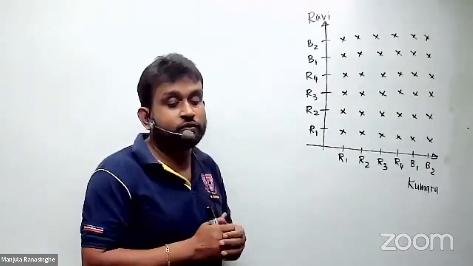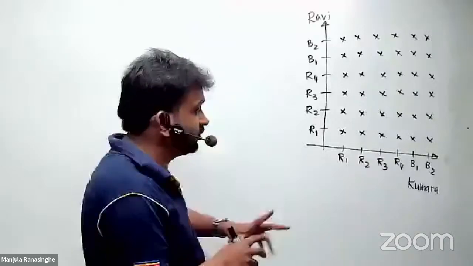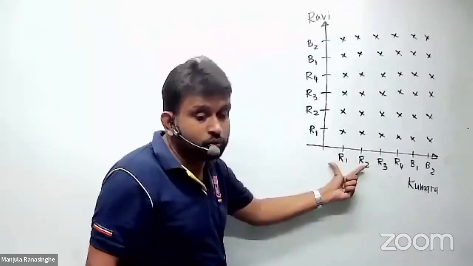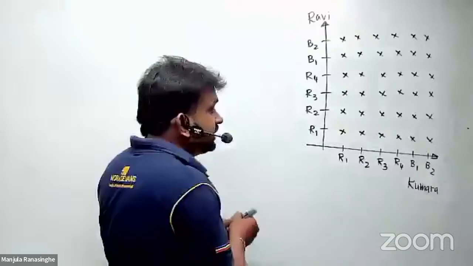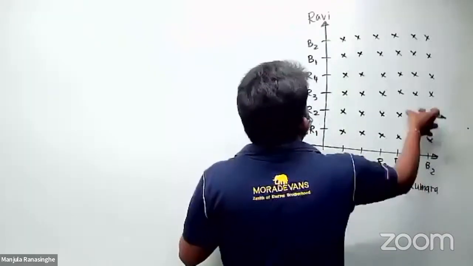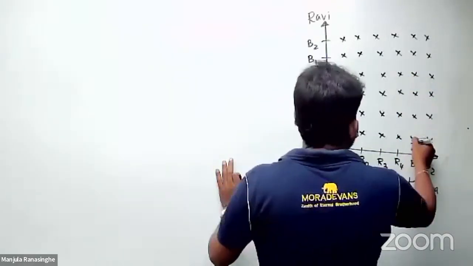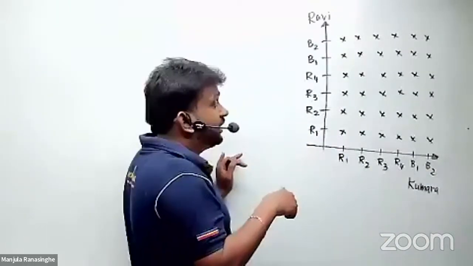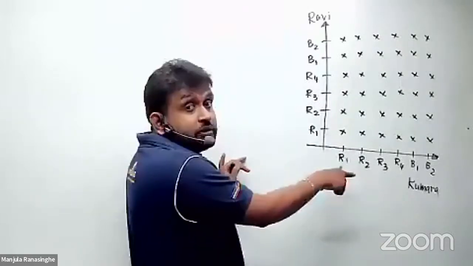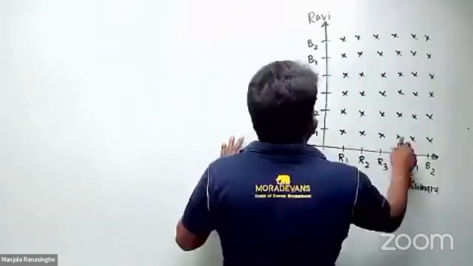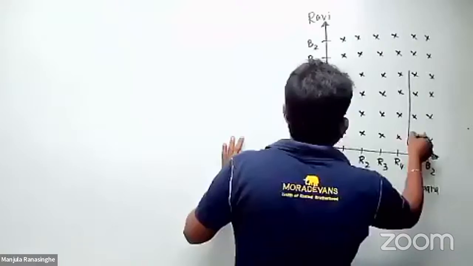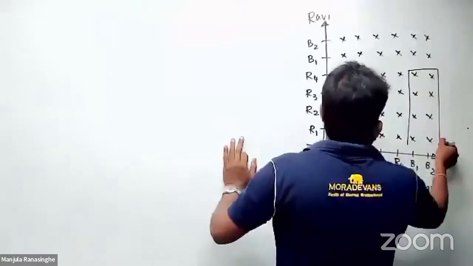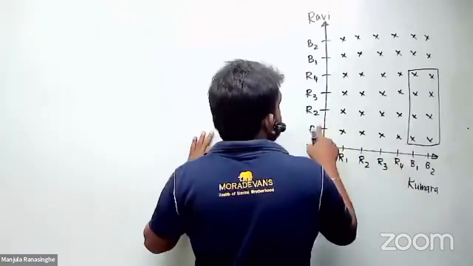Find the probability of Kumara taking a blue marble and Ravi taking a red marble. Kumara means this axis, blue, and Ravi red. Look here: it is like the x coordinate being B and y being R, since Kumara is on the x axis. So B and R, like these are the incidents. First Kumara blue and Ravi red.